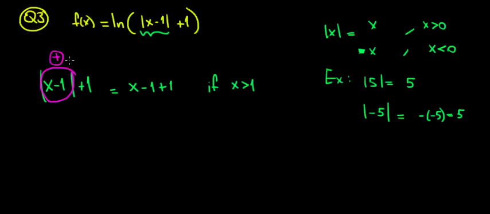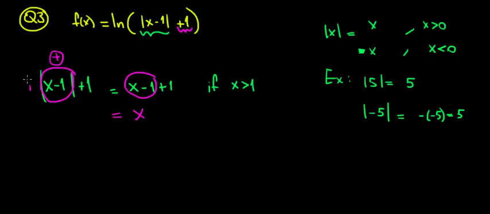And if we return a positive number out of the absolute value, we just keep it that way, just like the absolute value of 5 is 5. The absolute value of x minus 1, given that it is a positive number, is just x minus 1. So we have x minus 1, and then we add plus 1 just as it was. X minus 1 plus 1 is equal to x.